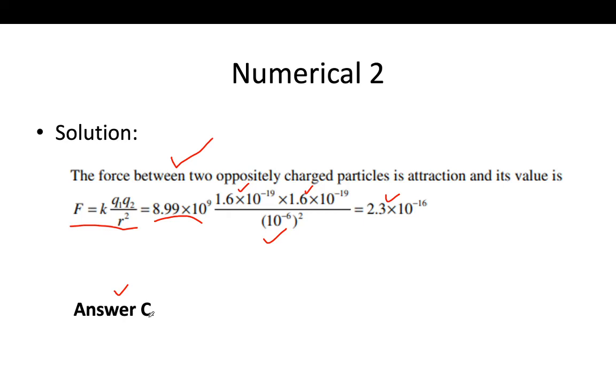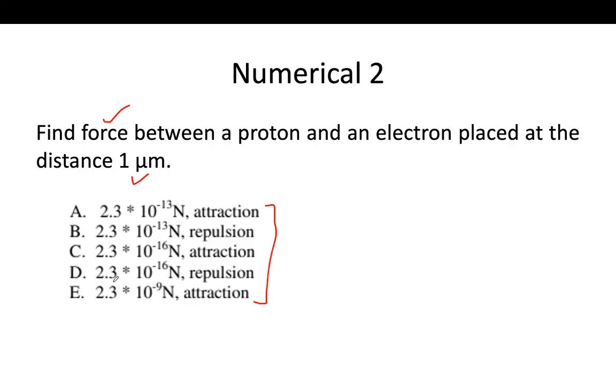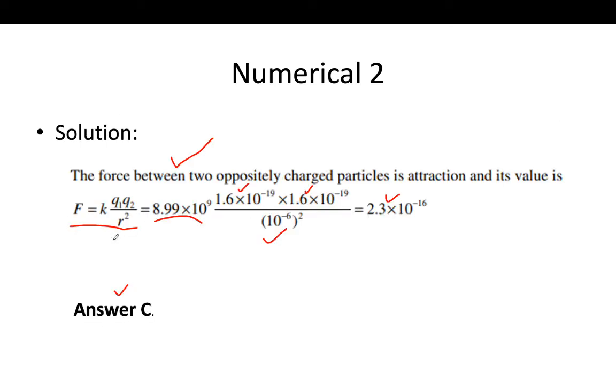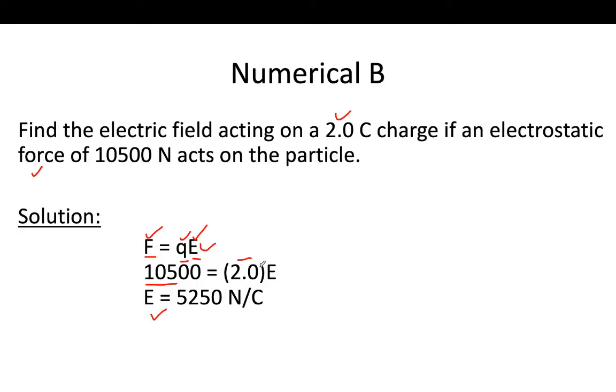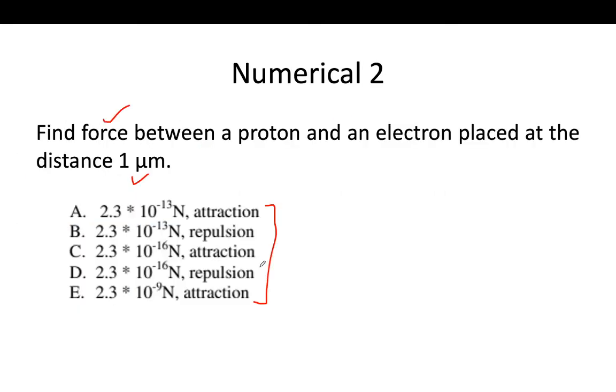So now we will check. All the options have 2.3 into 10 raised to power minus 16, but one is attraction and one is repulsion. So how will we find which one to choose?